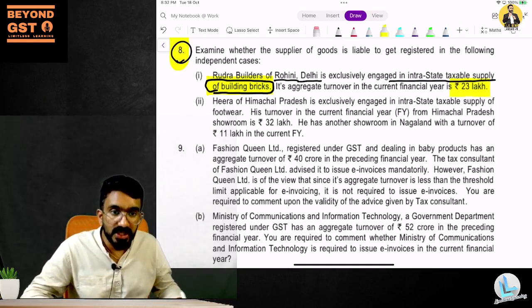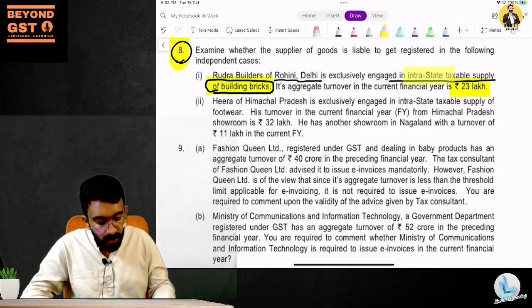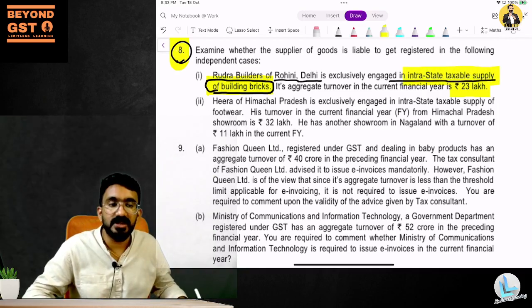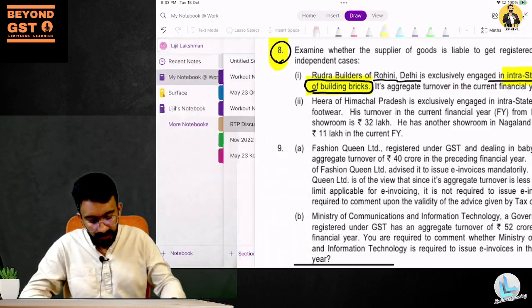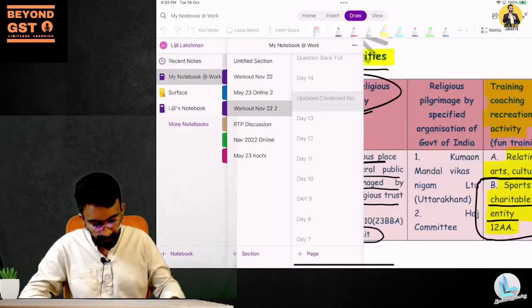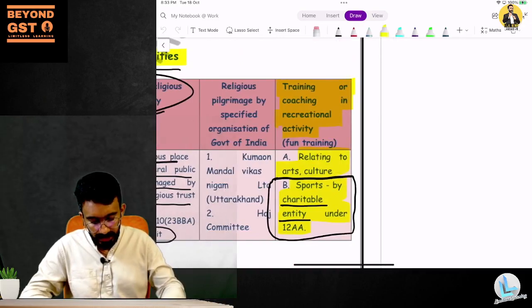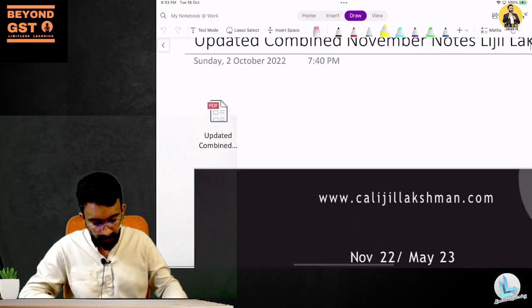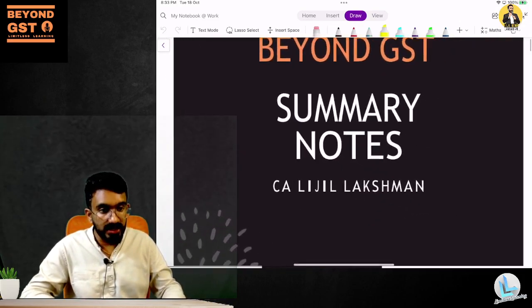Now, registration for people who are only making intrastate taxable supplies is under which section? Section 22. What does Section 22 say?